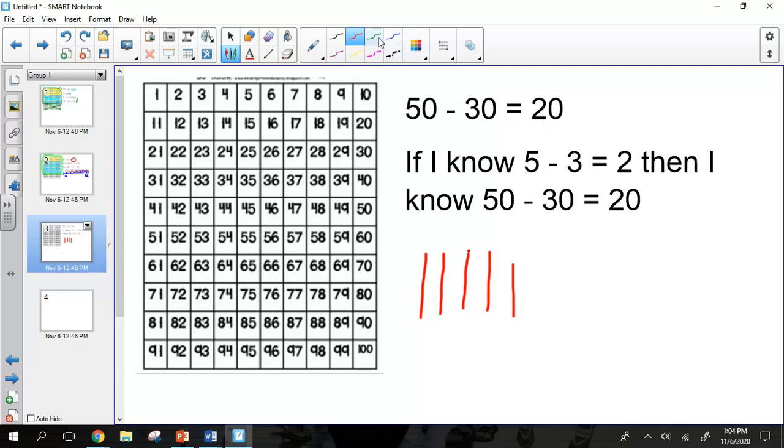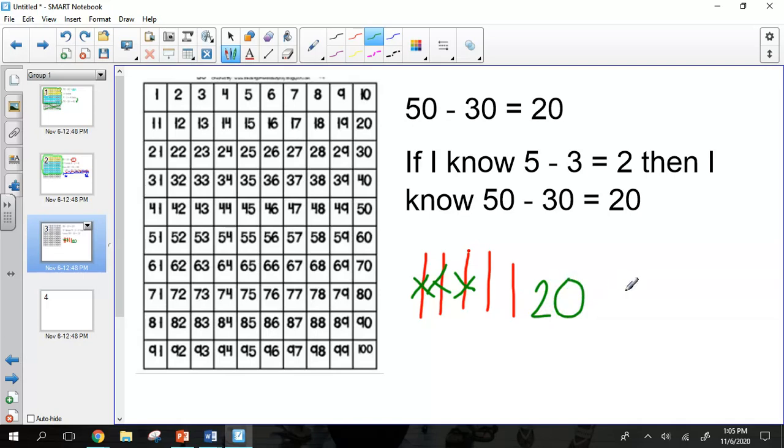Yes, I'm taking 30 off. So let's X out 30. 10, 20, 30. Now look how many's left. I have a 10 here and a 10 here. That is 2 tens. 2 tens is 20. 20 is the same answer I got above thinking about my if-then strategy.